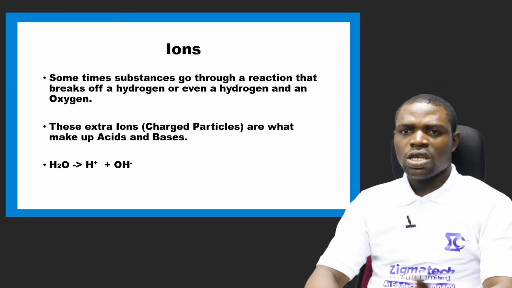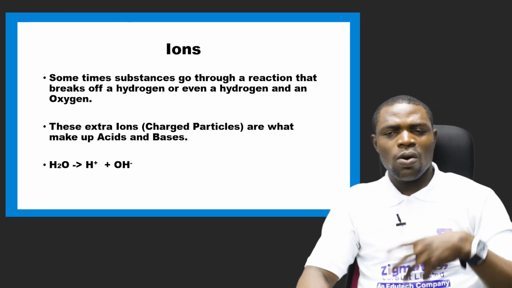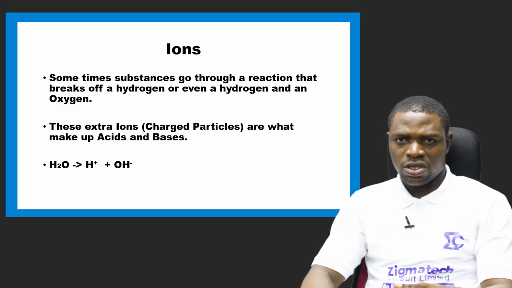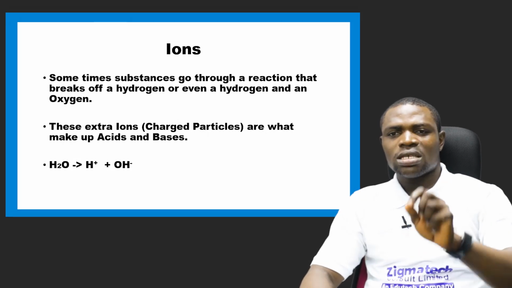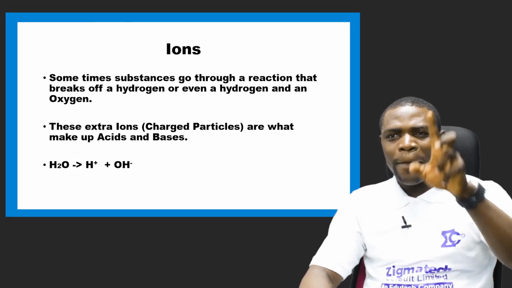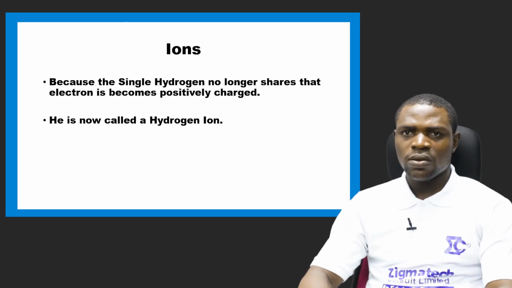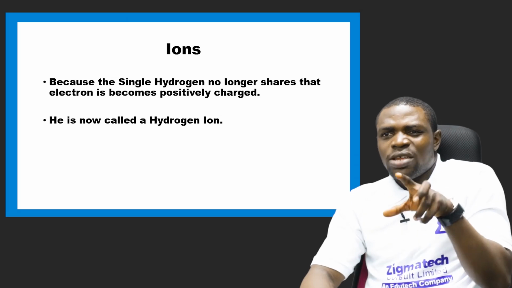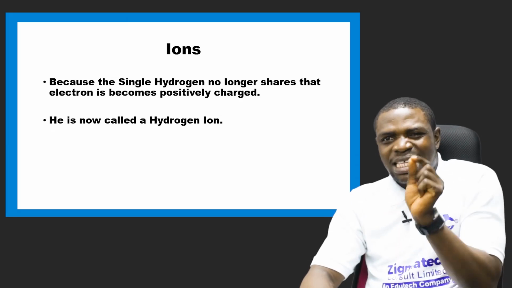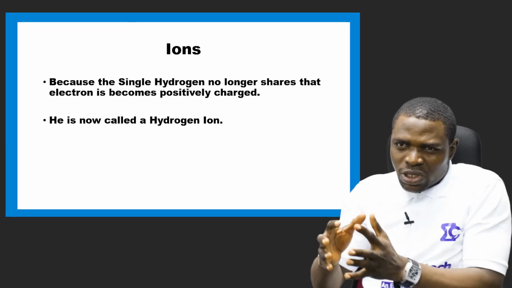If you look at water and you allow water to go through hydrolysis, you're going to discover that in water there are two fundamental ions, the hydrogen ion and the hydroxide ion. Because the single hydrogen no longer shares that electron, it becomes positively charged.